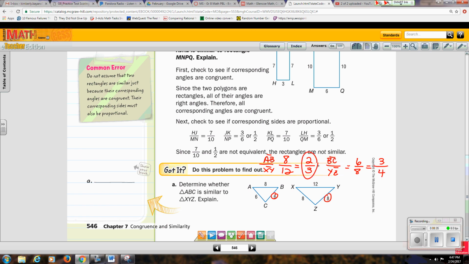Well, one ratio is 2/3 and one ratio is 3/4. They are not equivalent. So I would say no, the triangles are not similar. And while they look very similar, remember, we have to mathematically show that they are similar. So hopefully when you checked your answer, you got the right answer.